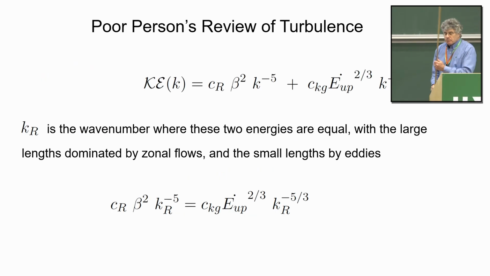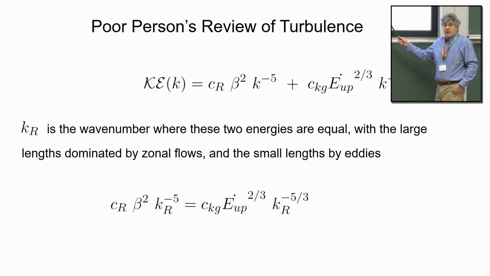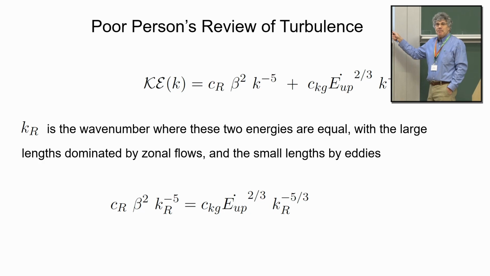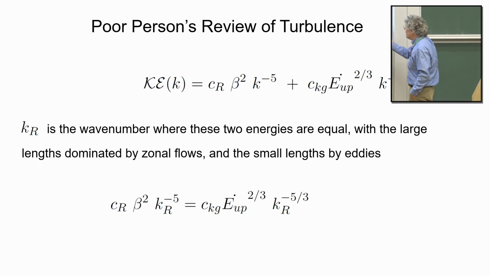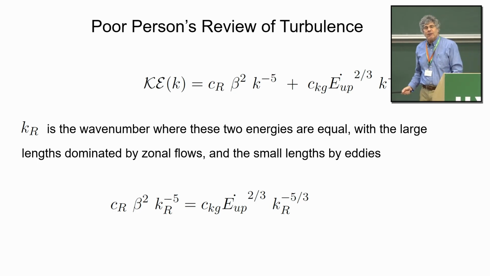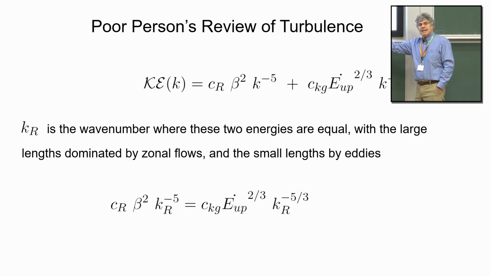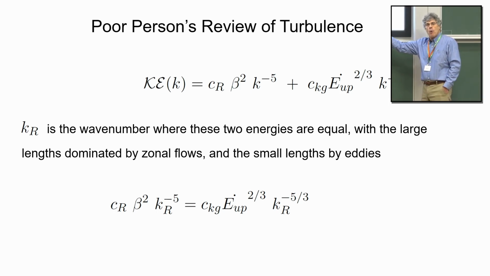So the total kinetic energy spectrum is made up of the zonal piece plus the eddy piece, and they have different dependence upon k. There must be some value of k where these are equal, right? This zonal piece is going to dominate like crazy for large scales or small k's.